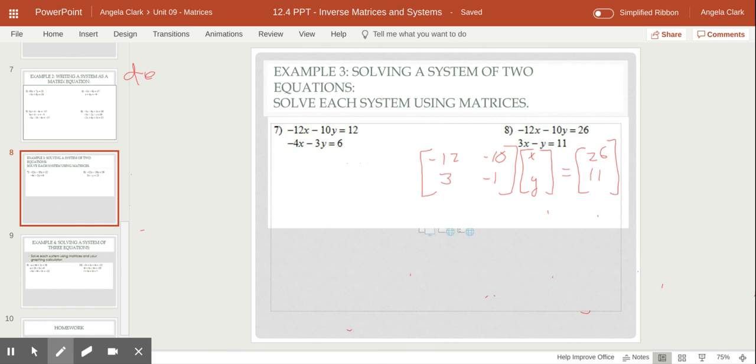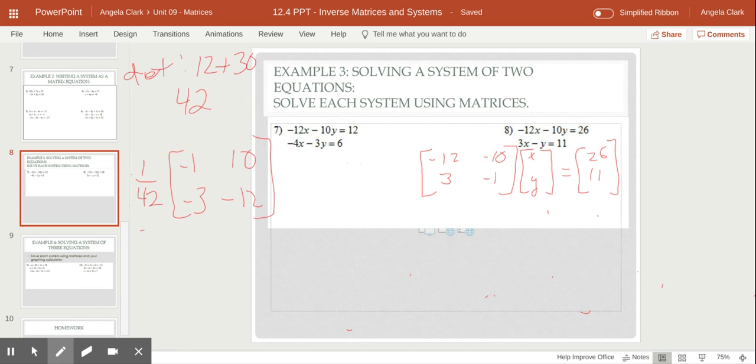So the determinant is 12 times -1, times -12 is +12, minus 10 times 3, or sorry, -10 times 3, which is -30, so plus 30, right, because we're subtracting and it's negative. Plus 30, so I have 42. My determinant is 42. And so my inverse is 1/42, switching the locations of the -1 and the -12, and then changing the signs on the 3 and the -10.